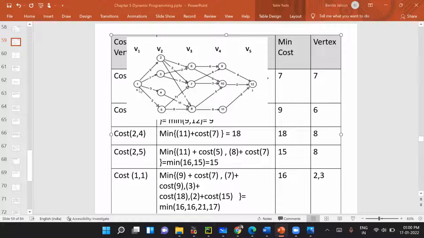You can write one path as from 1 to 2, and the other one from 1 to 3. Both are having the minimum cost of 16.